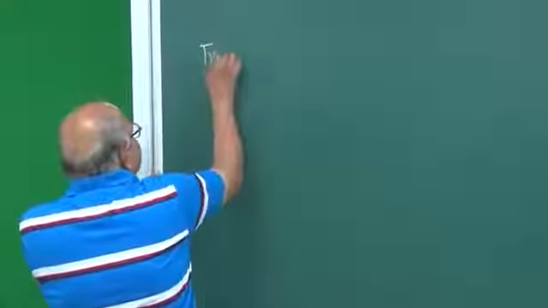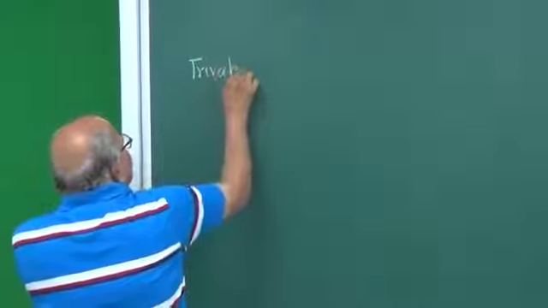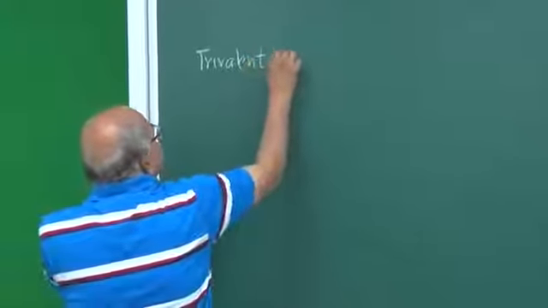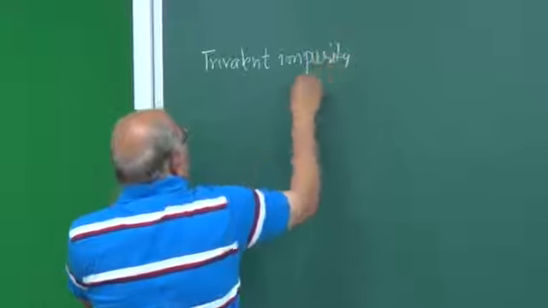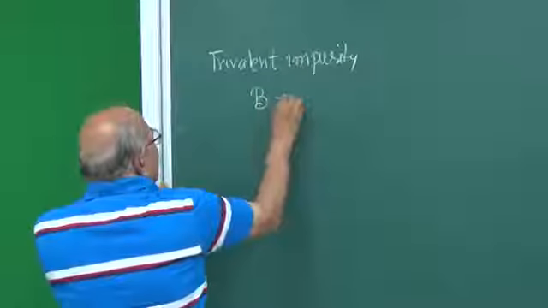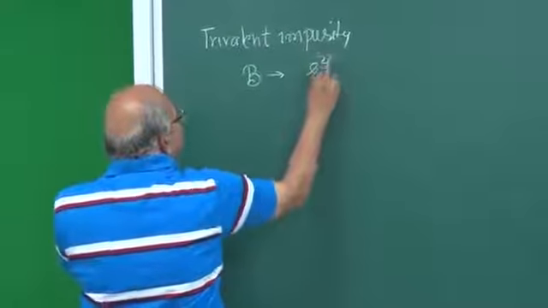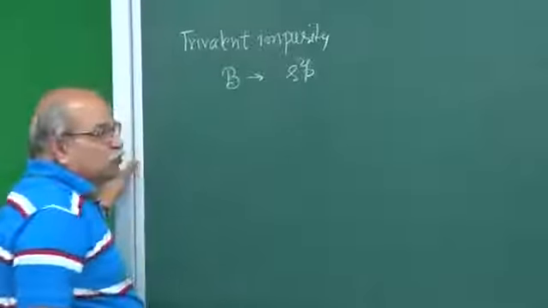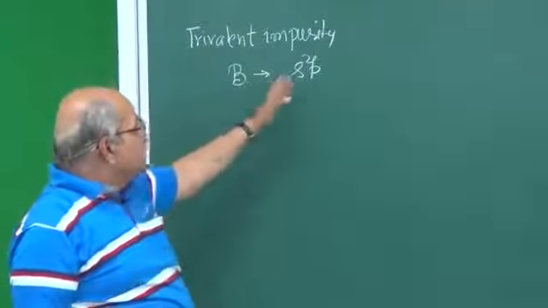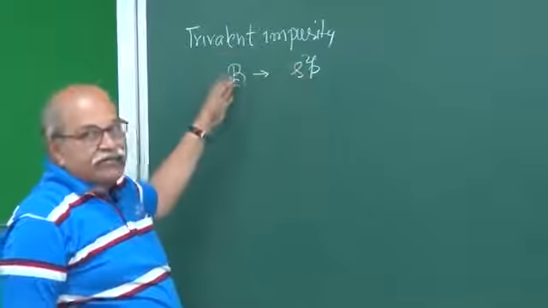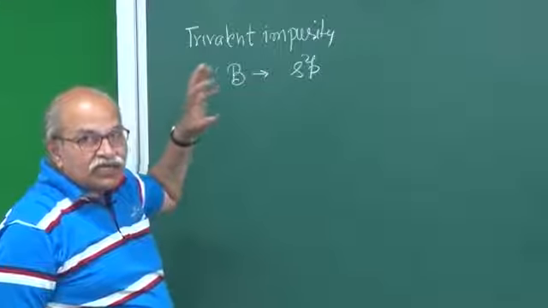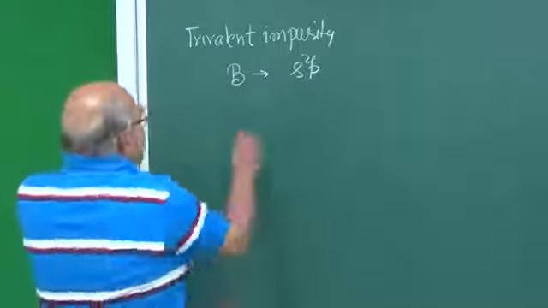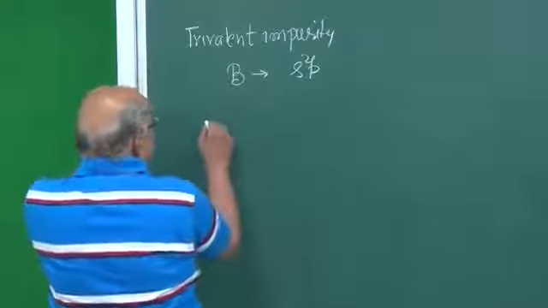So if you have that trivalent impurity, let us say boron, the outer one will have S2P instead of S2P2. In silicon it is S2P2, in boron or aluminium it will be S2P. So there are only 3 outer electrons.